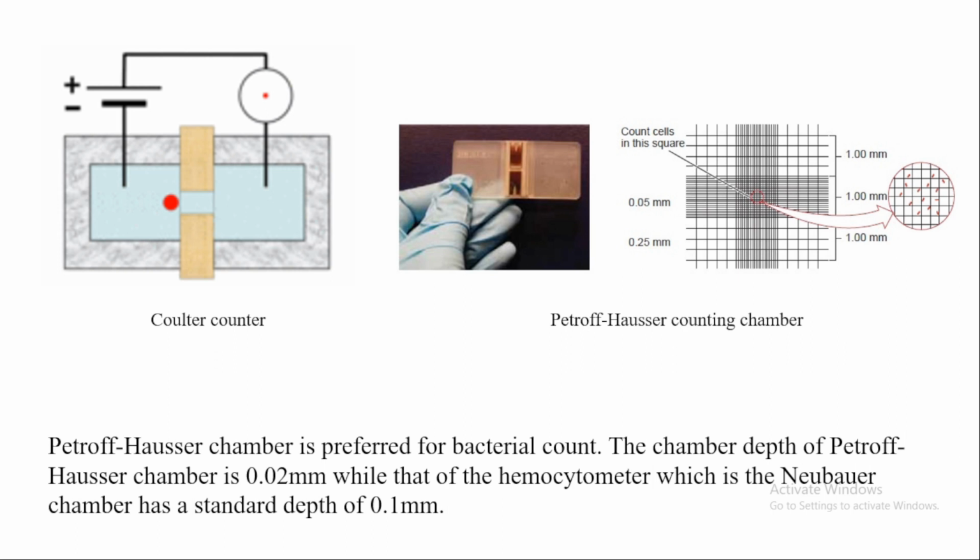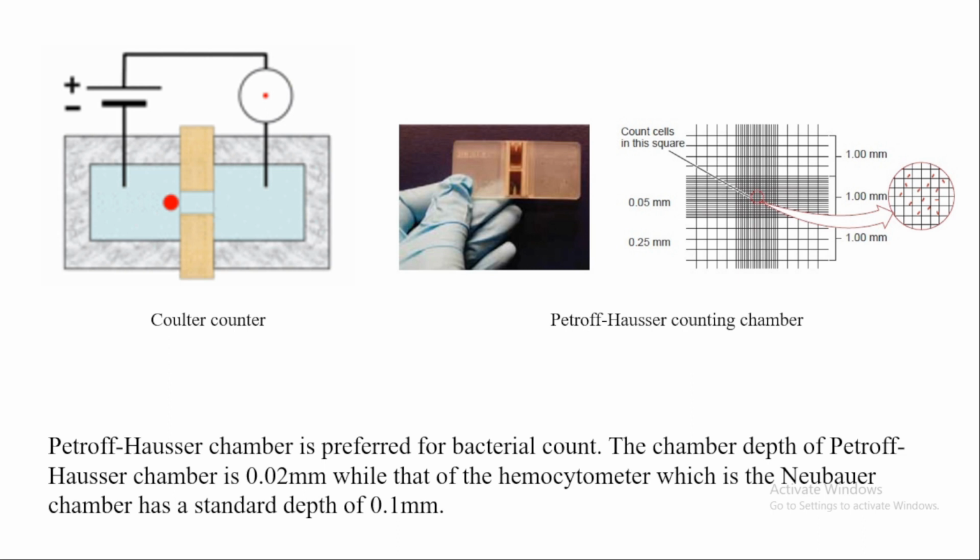One by one each cell will pass through this orifice and signal will be generated. So number of signals will be equal to the number of cells, and depending on the size of the cell, a larger cell will generate a larger signal and the smaller cell will generate a smaller signal, and depending on that, cell size and cell number both are determined.